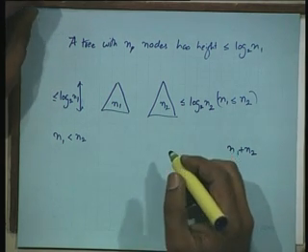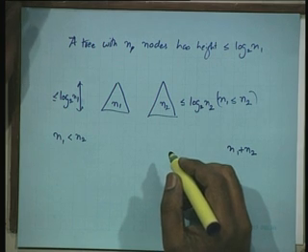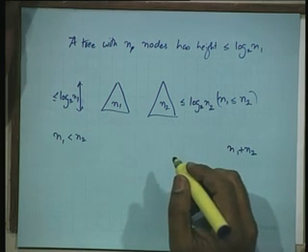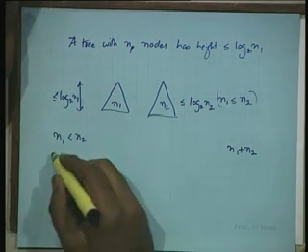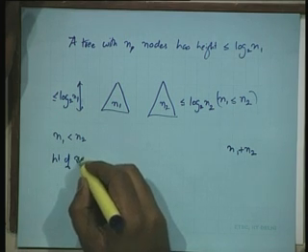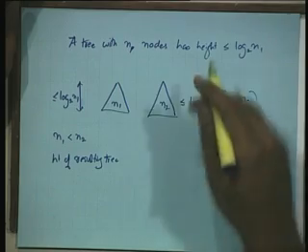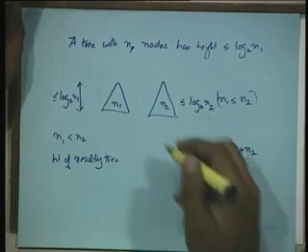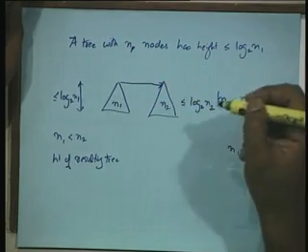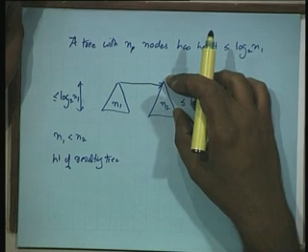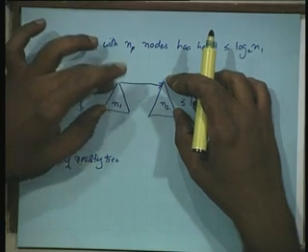The height of the resulting tree is either the height of this tree, so we have done this, or it is the height of this tree plus a 1.